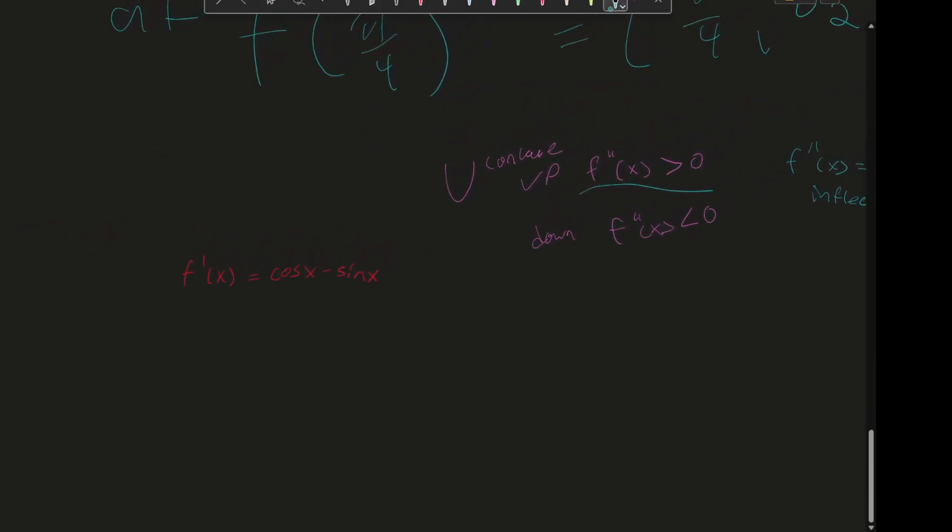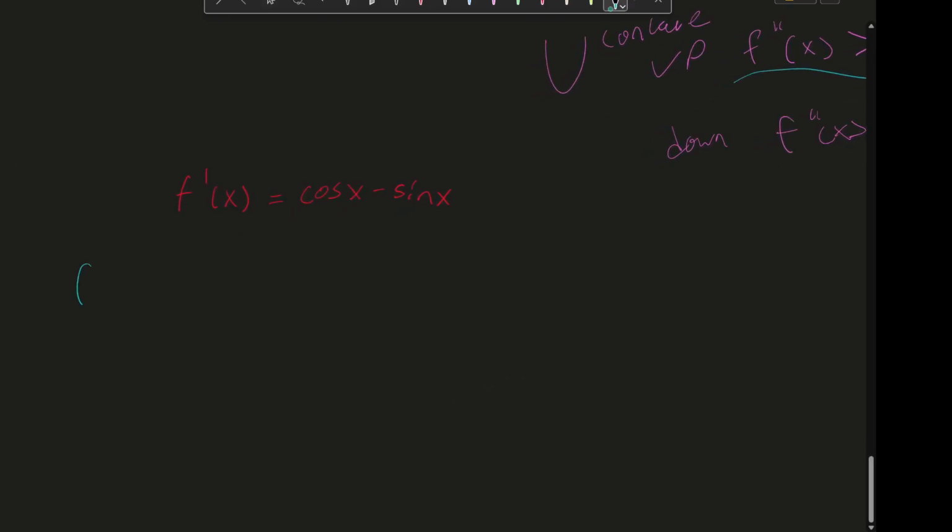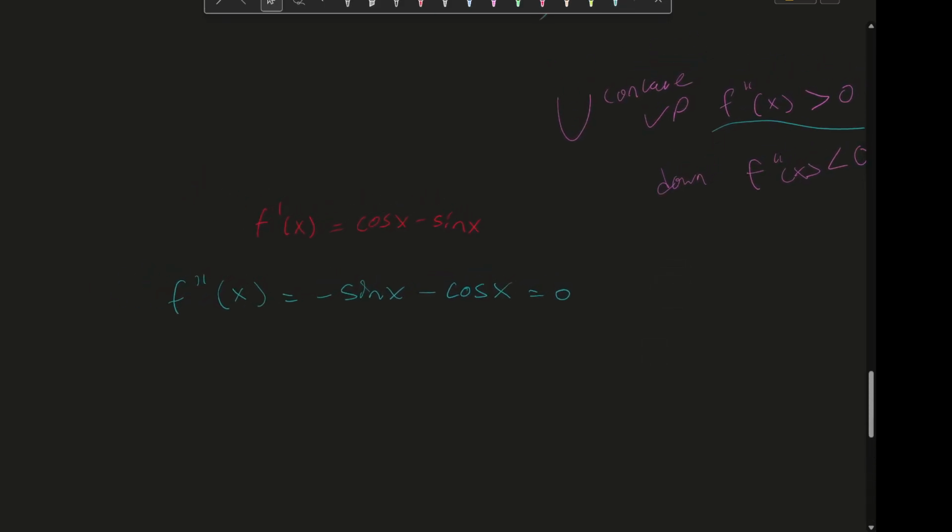So, second derivative of this function here, derivative of cosine is negative sine, derivative of sine is cosine, and you're going to go ahead and set that equal to 0.